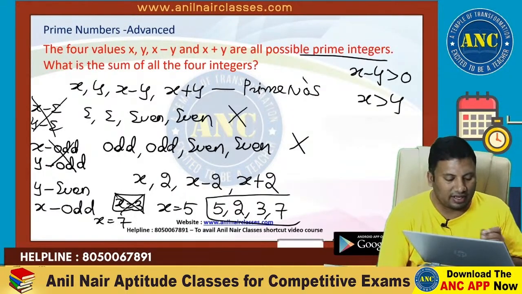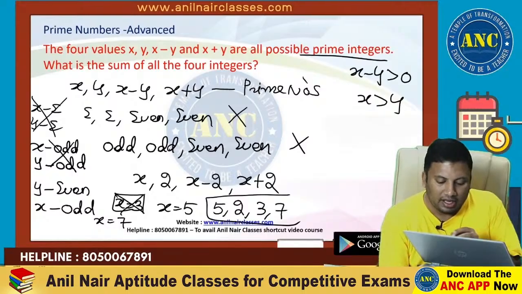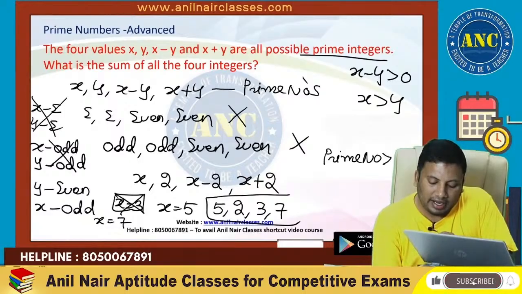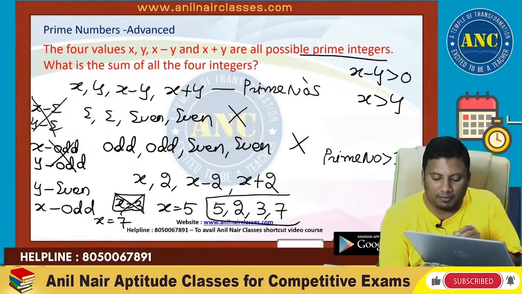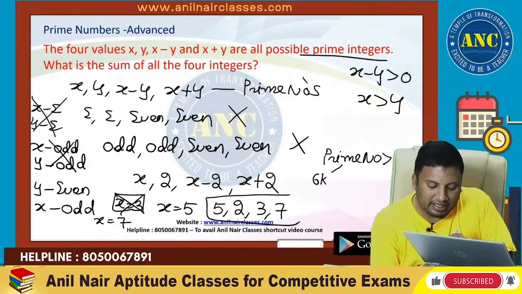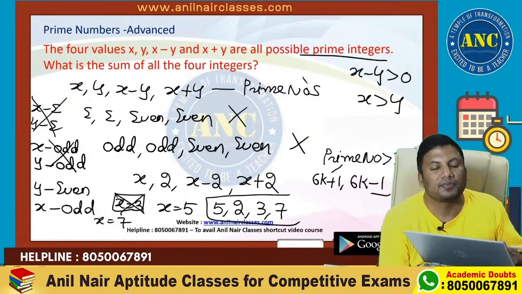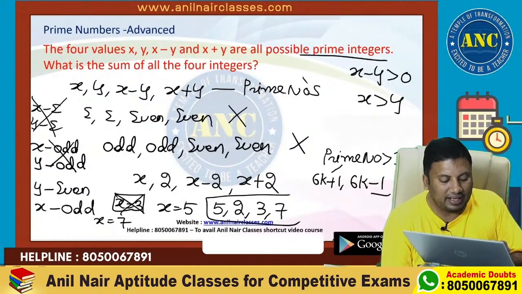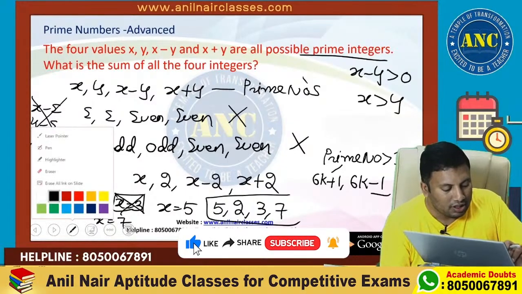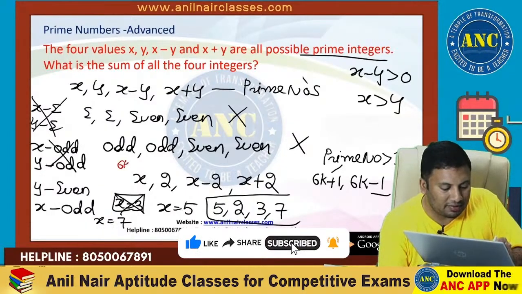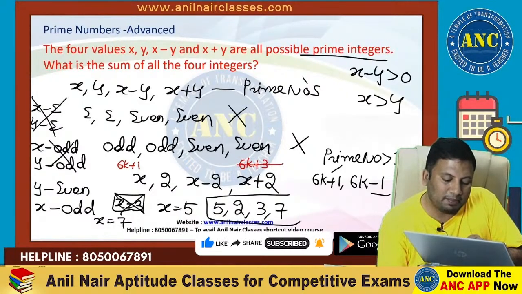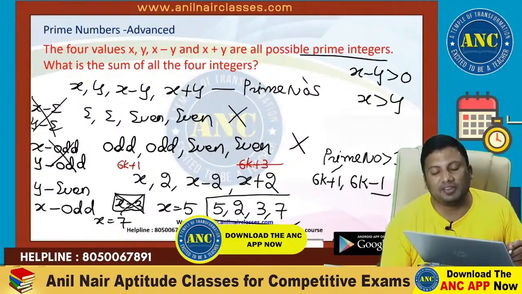Now if you see here, any prime number greater than 3 we can take as 6k plus 1 or 6k minus 1. Am I right? Now after 5, if I take 6k plus 1, this will become 6k plus 3, which means it is divisible by 3.